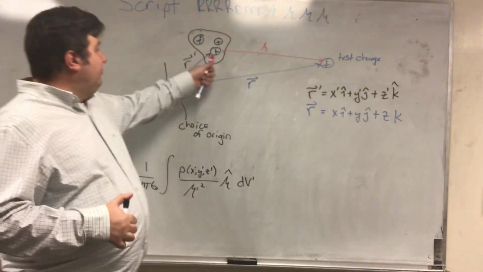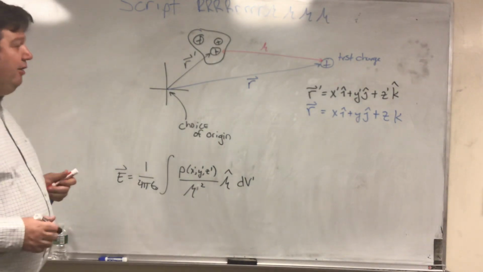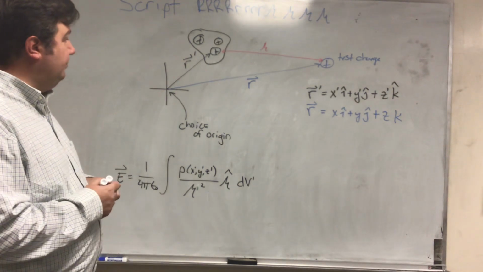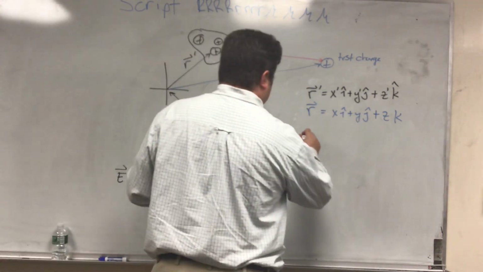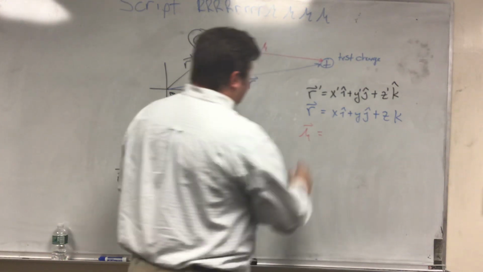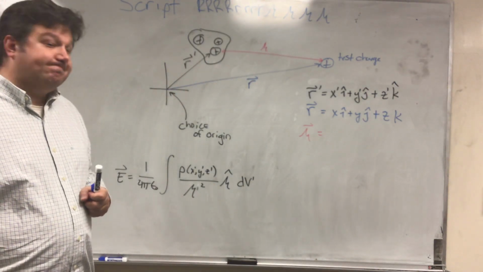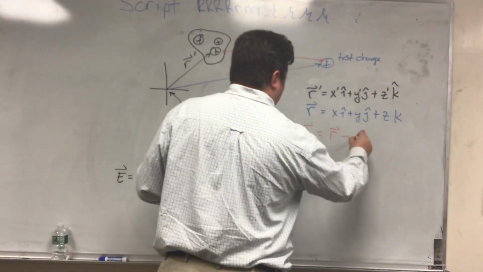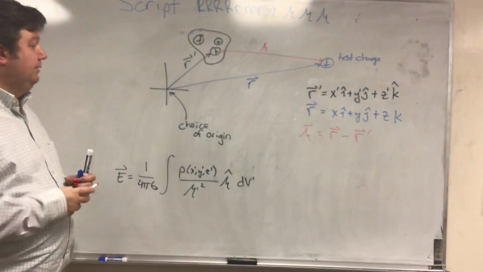But we got to account for the fact that they're there, right? And so what we care about is this thing, script R, right? So script R vector is going to be equal to R vector minus R vector prime.